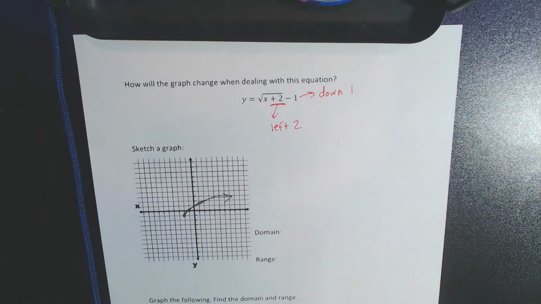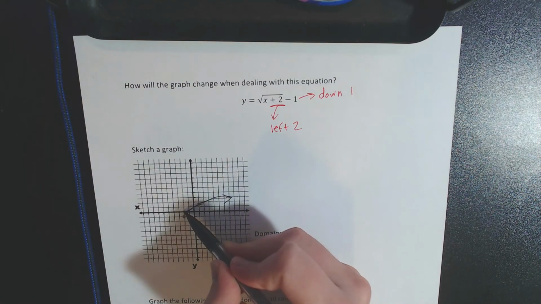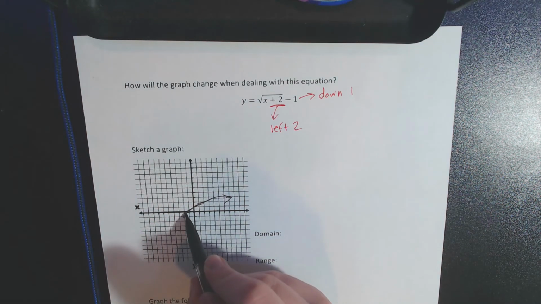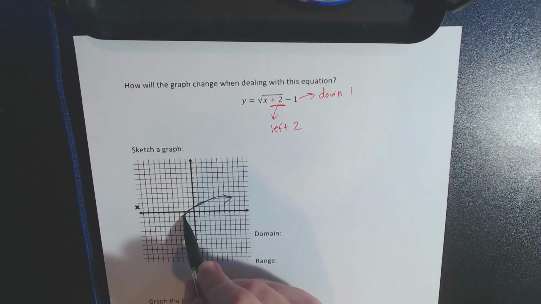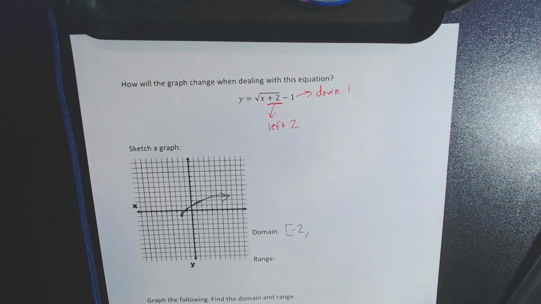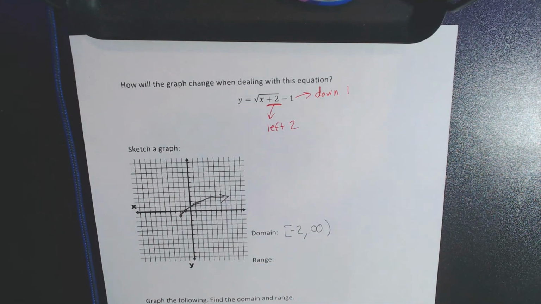Okay, domain. Domain is the x values. Notice x values over here don't work. It's only x values over here that make sense when we plug them in. So -2 is where it starts out to infinity. Those are the x values that make sense.